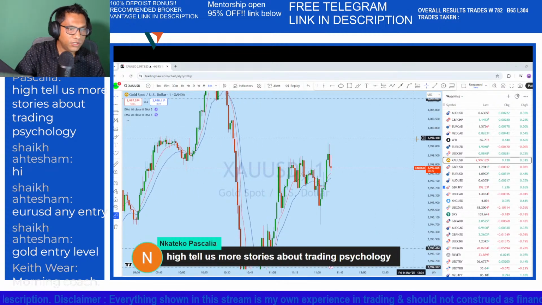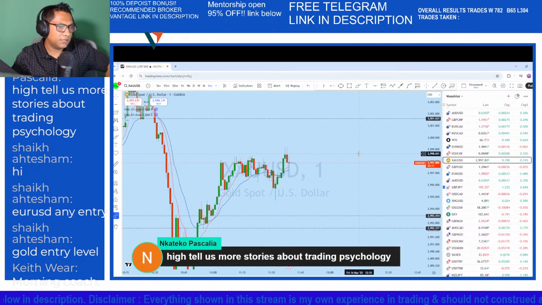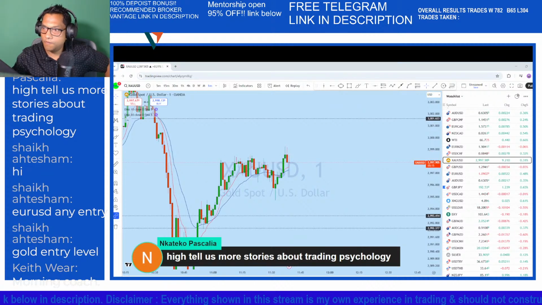Waiting for an entry, and we can see after this bounce, it's now getting some downside possibly.